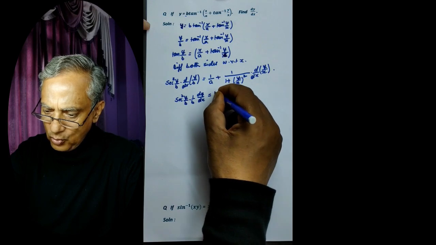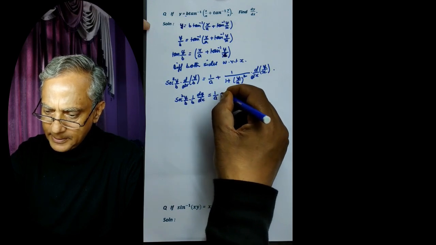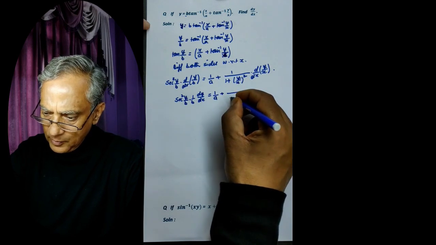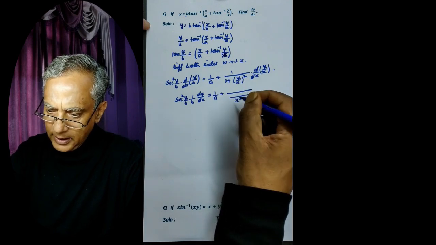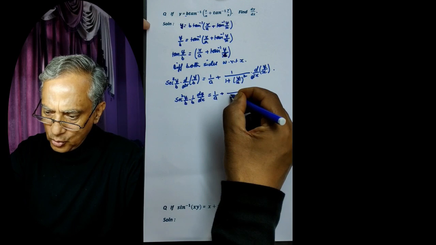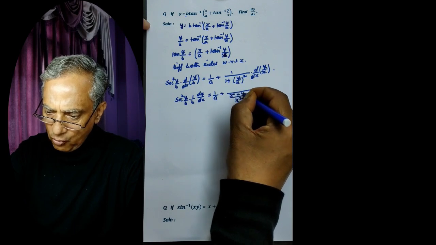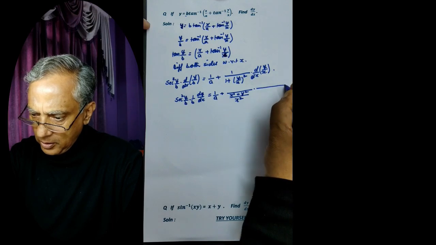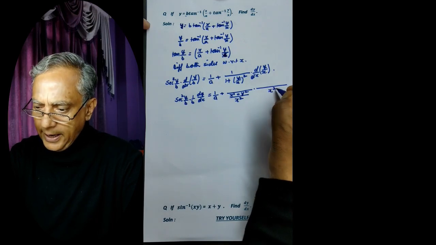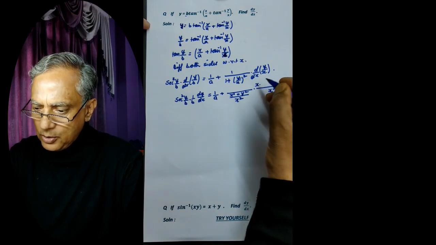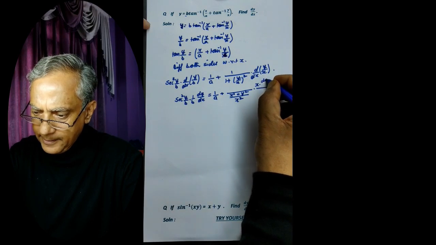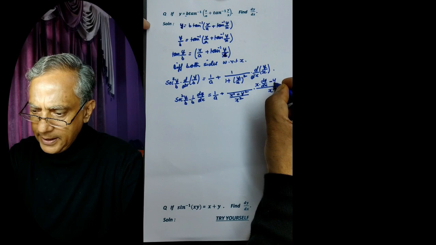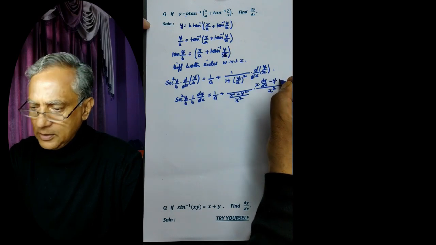This is equal to 1 by a plus, now the LCM of this is x square, so we have x square over x square plus y square into differentiation of this. Now denominator square, x square: x into dy by dx minus y into differentiation of x, which is 1.